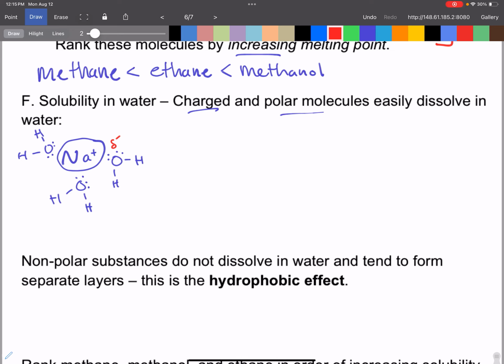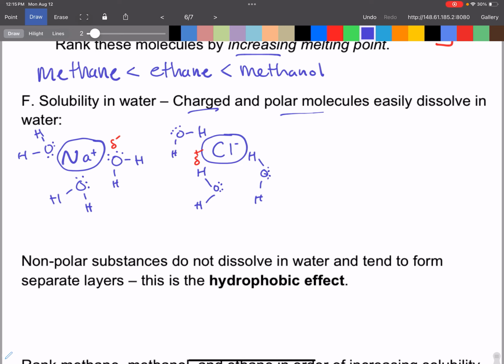The flip side of that would be a negatively charged ion, a chloride anion, for example. Water can interact with that because it has a dipole, but it's going to flip around and interact via its partial positive side where the hydrogens are. And again, you can draw some arbitrary number of those on here just to get the idea.